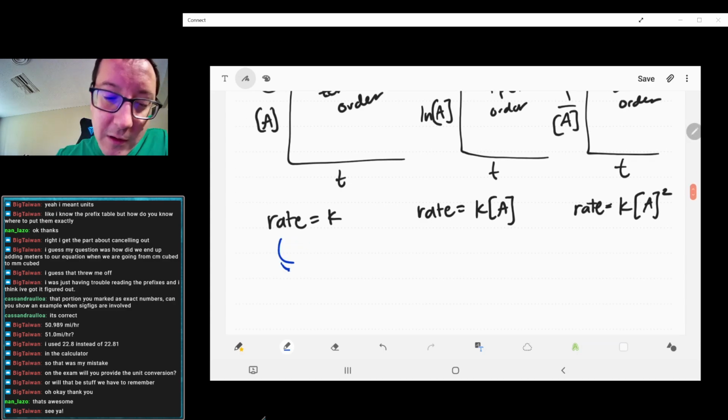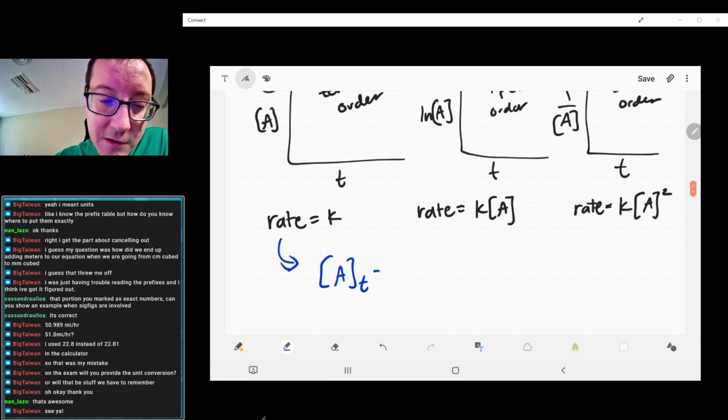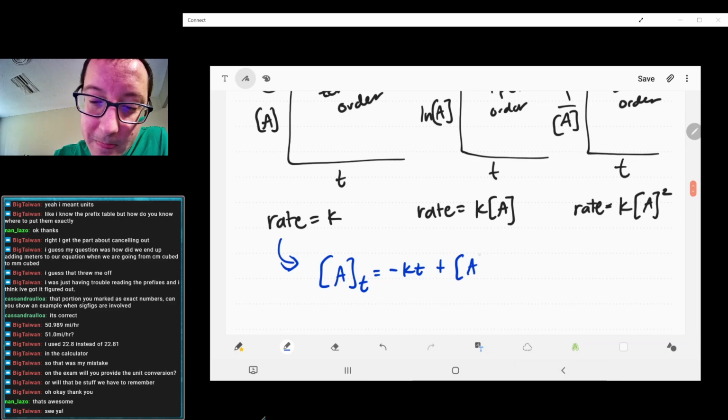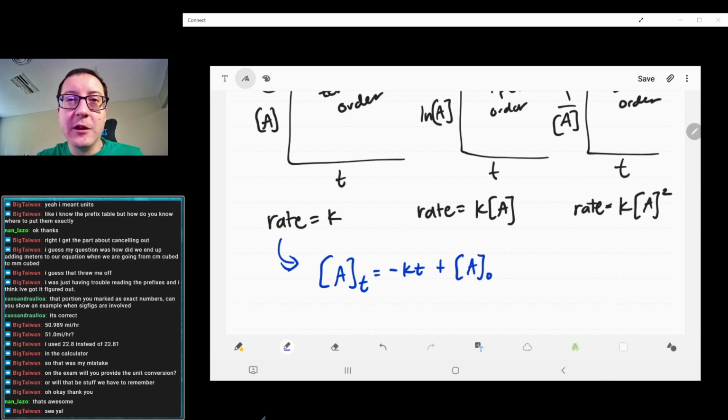Let's just do that real quick. If we were to have a zero order reaction, we would just see that the concentration would be equal, just simple, plain old, no fancy things to deal with here.